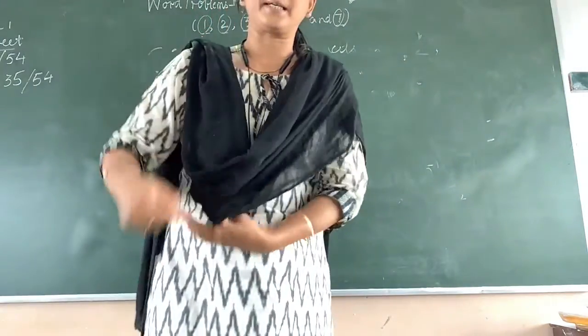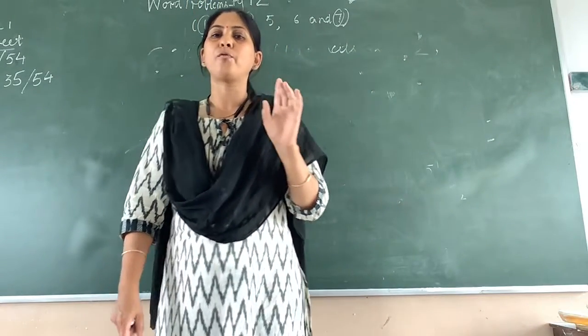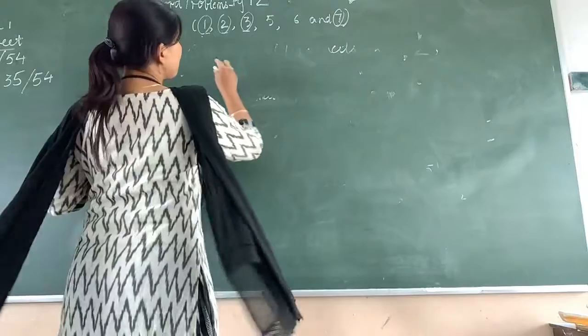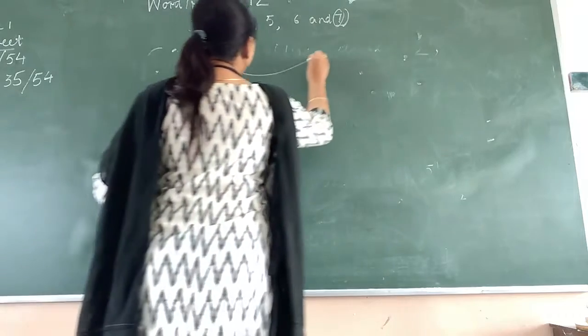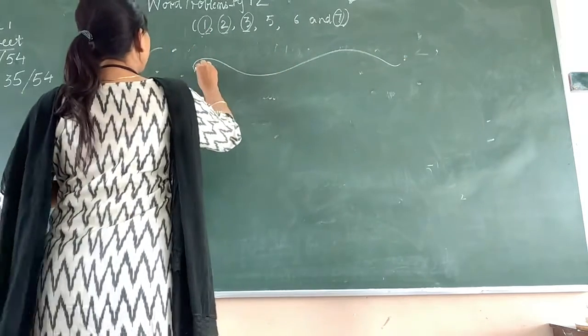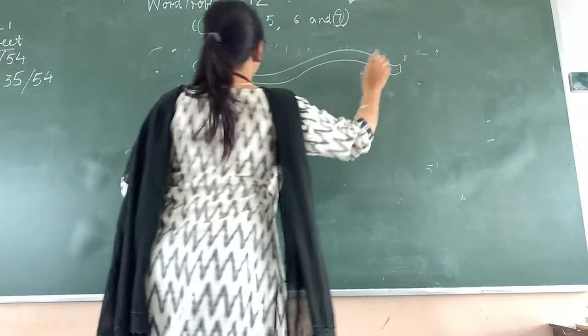Now see, look at the top, number 6. Sushma had 11 whole 1/4 meter long ribbon. So Sushma has a ribbon. And how long is the ribbon? See, Sushma has this ribbon. I am drawing a ribbon. Imagine this to be a ribbon.